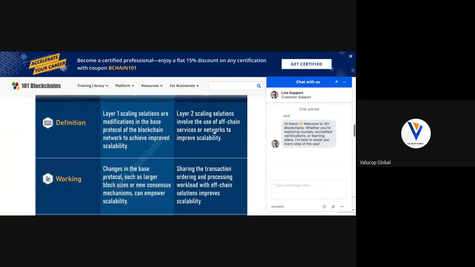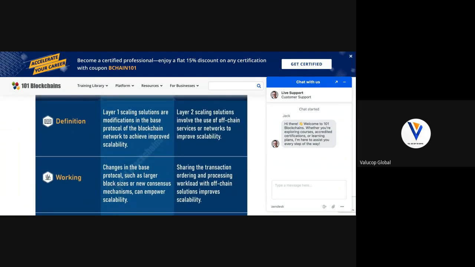So basically, layer one blockchains are, for example, Ethereum and Solana. Now, when Bitcoin was created, people that knew about it were very few. Then Ethereum came and made it possible for us to have applications built on the blockchain. People that knew about it were also very few.